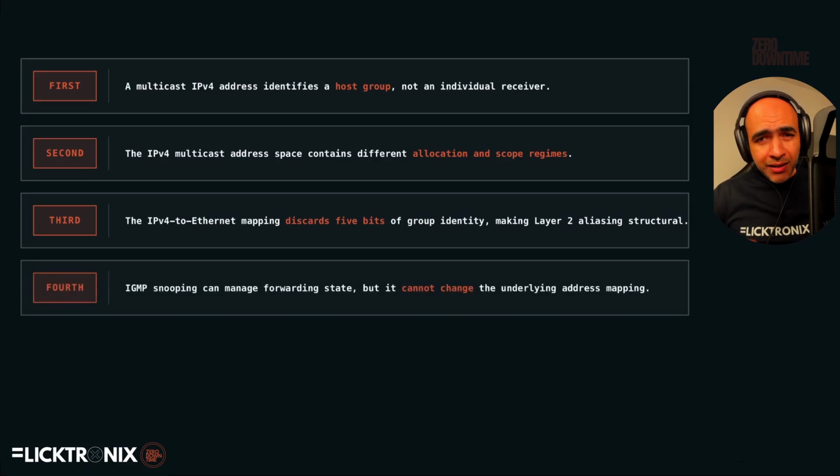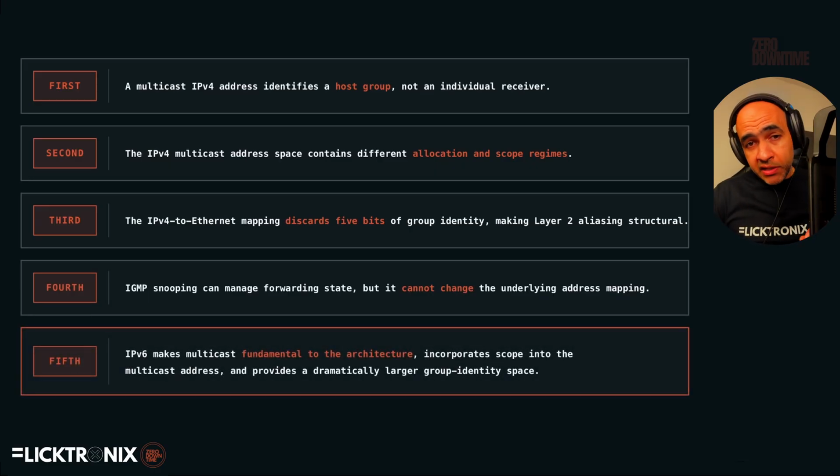Number 4, IGMP snooping can manage forwarding states in a switch, but it cannot change or help you with the underlying address mapping. Number 5, IPv6 makes multicast fundamental to the architecture and the v6 network operation. It incorporates scope into the multicast address and provides a dramatically larger group ID space.